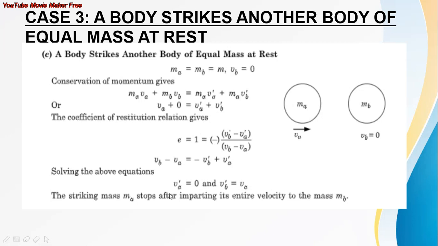This means that after the impact of this mass on this mass, where this mass is stationary and this mass is moving with velocity va, the final velocity of this mass will become 0, and this mass will start moving with the velocity va, that is the initial velocity of mass a. The striking mass ma stops after imparting its entire velocity to the mass mb.